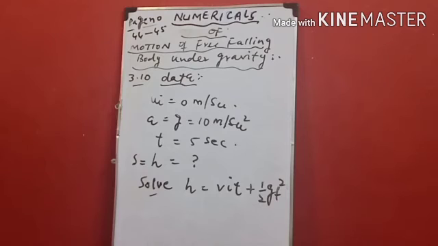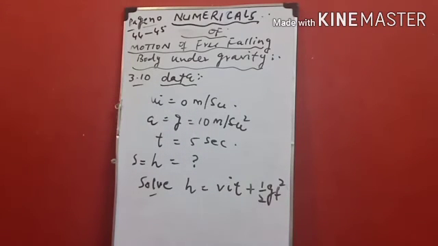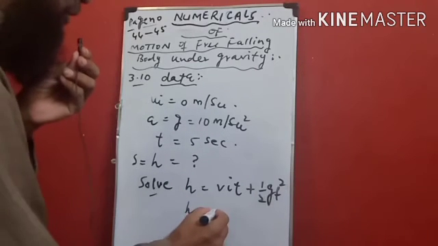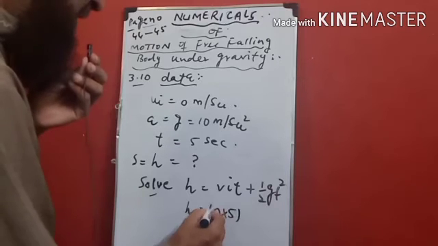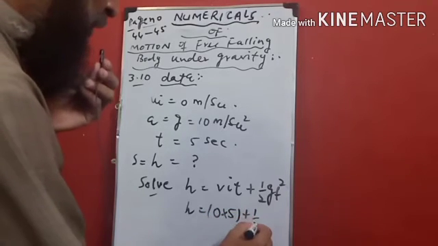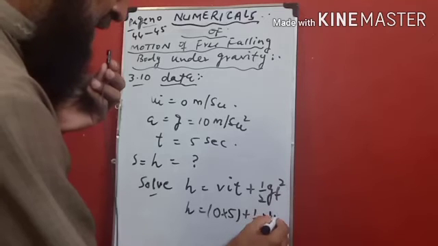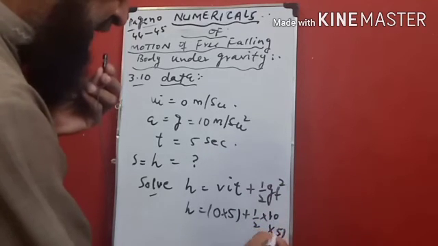In this situation, G is taken as positive because the body falls from a height. So we put the values in this. H is equal to 0 multiplied by 5, so time is 5, plus 1 upon 2 into the value of G, which is 10, and the value of time is the square of 5.